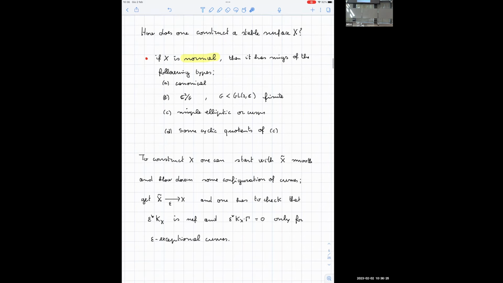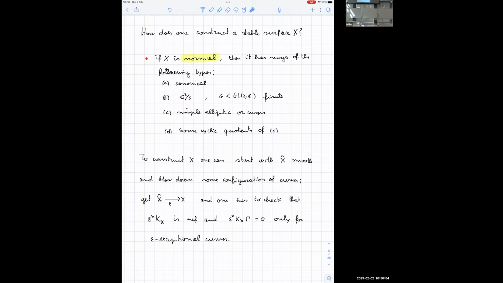And then if you want to construct a stable surface, you may start with a smooth surface and with some configuration of curves that you can blow down. And of course you start with some configuration that leads to one of the admissible singularities I've listed.